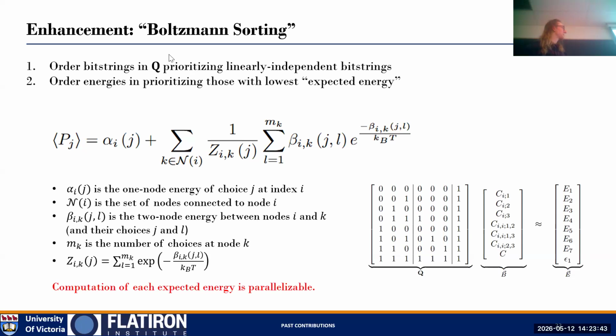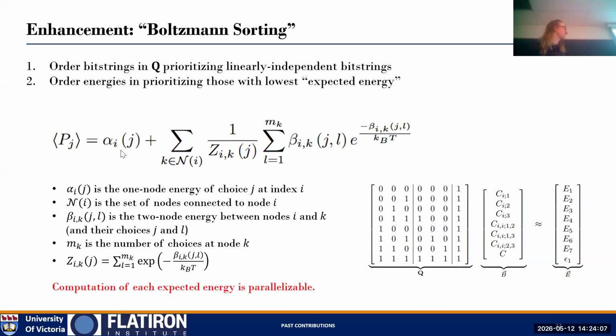So to work around that, I developed this enhancement called Boltzmann sorting, where first we order the bit strings in the Q matrix, prioritizing at the top linearly dependent bit strings, and then order energies in the energy vector over here, prioritizing those with the lowest expected energy.